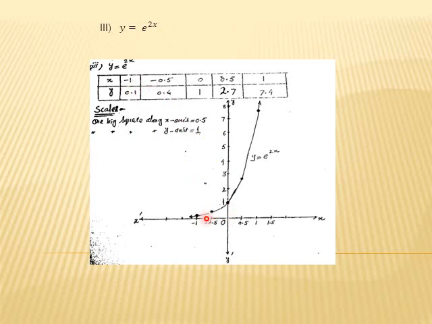From minus 1 the answer is 0.1, and then minus 0.5 the answer is 0.4. This is the beauty of the exponential graph, that it changes abruptly, a very big change. Now look at this, from here to there, big change.